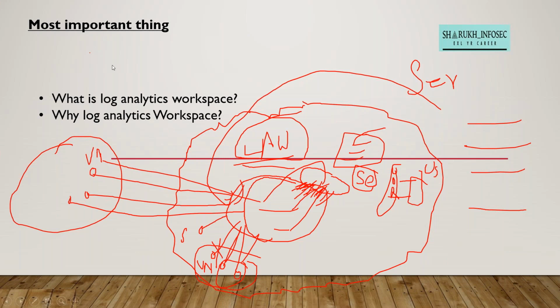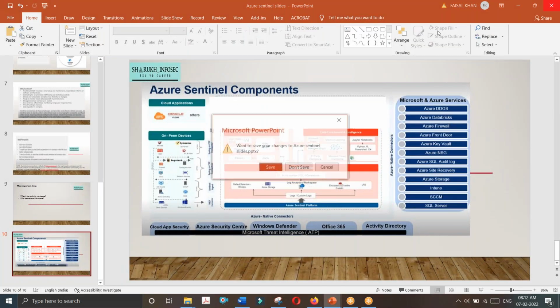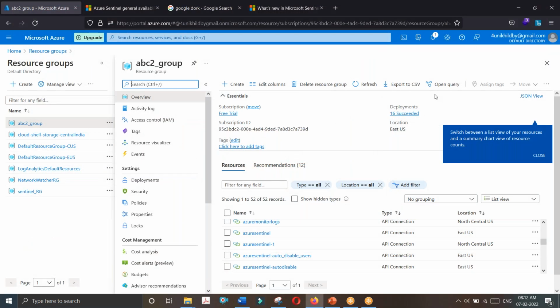Just the last question. You said for the L1 layer, when you assign someone, they have to have a contributor role on that resource, right? Yes, on the resource they have to have a contributor role, but inside Sentinel there are also different roles that we will talk about, like the incident responder role.